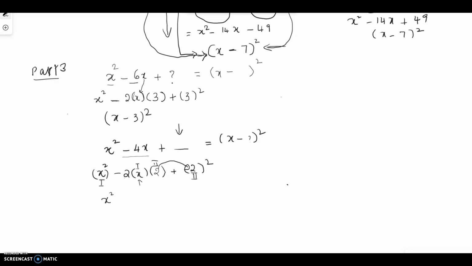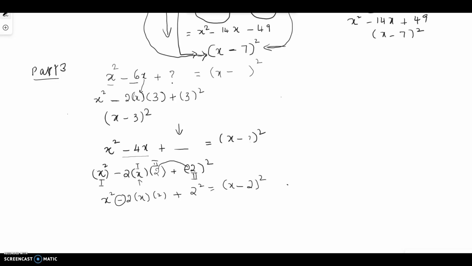So we have x squared minus twice the product of x and 2 plus the square of 2, which is a 4, which will make this (x minus 2) the whole squared. The minus comes from the middle term.